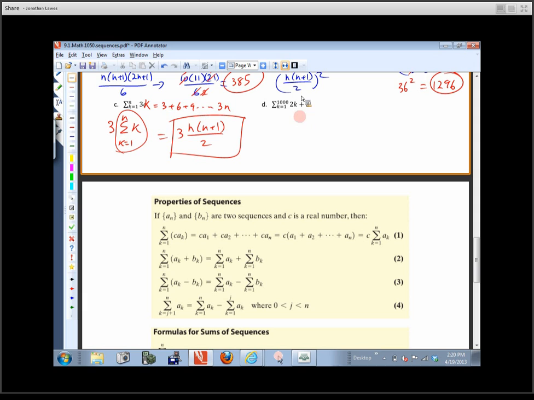Okay, this one I'm going to use the sum property and that little constant multiple, and we're going to write it like this. I'm going to write it as a 2. Let me change colors so we can keep these straight. I'm going to pull the 2 out front, sum for k equals 1 to 1,000, plus the sum for k equals 1 to 1,000 of 3.